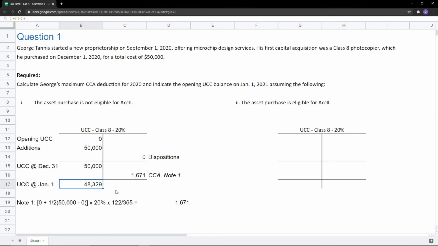We could do that all over again, except this time we'll do it assuming that the asset purchased, the photocopier that is, let's assume that it is eligible for the accelerated investment incentive. A lot of it's going to look the same. I'm just going to copy and paste a few things.